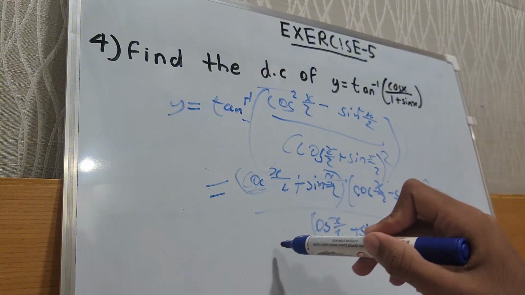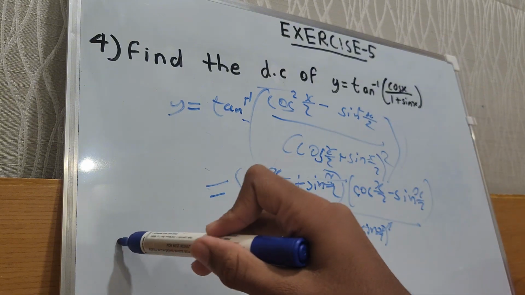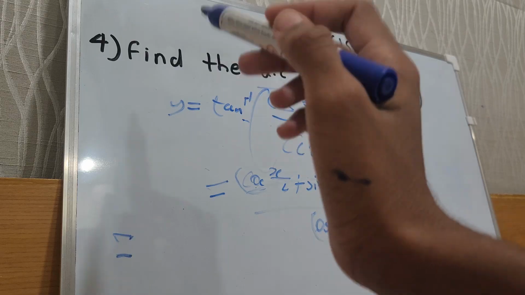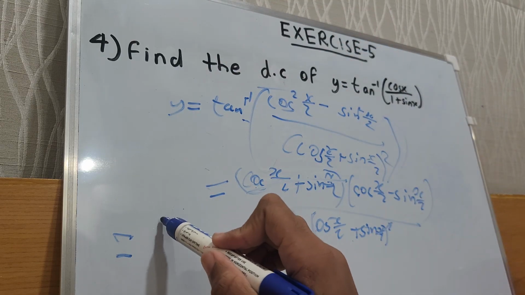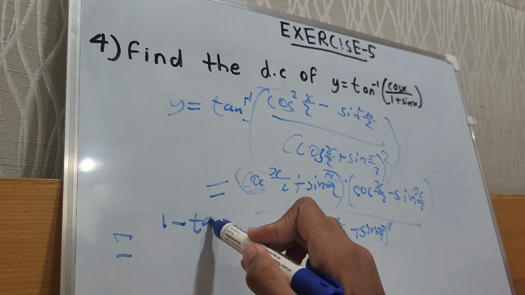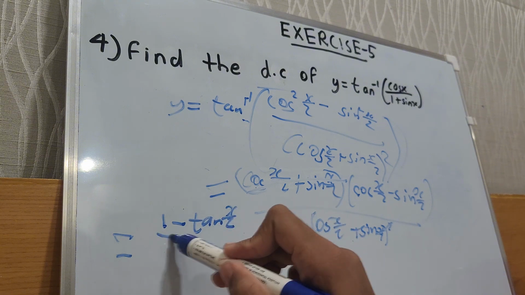This gets cancelled, which is equal to what? You divide with cos, this will become 1 minus tan x by 2 by 1 plus tan x by 2.